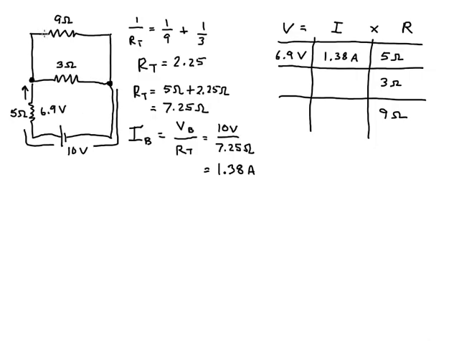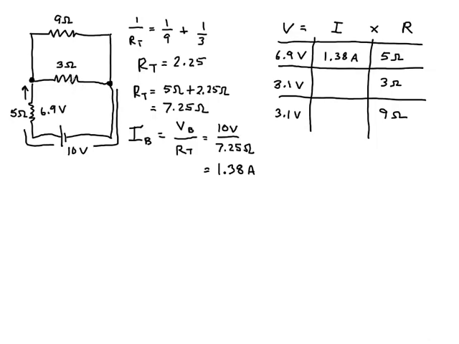If it goes up this way, it's going to lose that same amount up here. If I take 10 and subtract 6.9, I get 3.1 volts. And that's the same for both of them, because you're either going to go through one or the other, but you're going to have already lost that 6.9 volts before you get there.